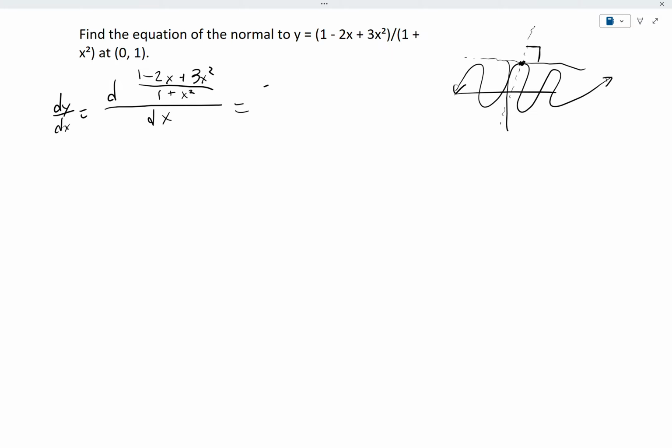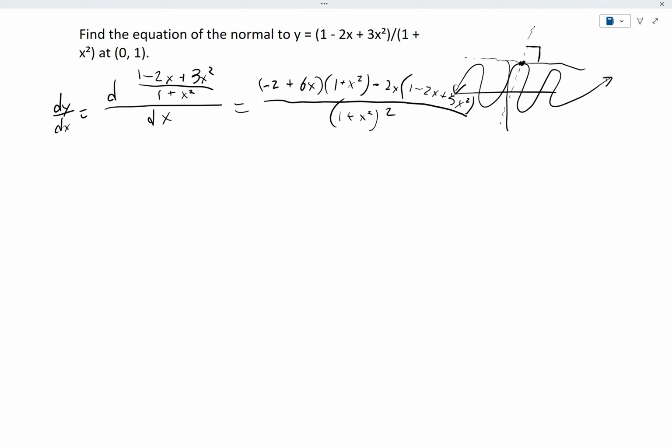Derivative of the top, that's going to be negative 2 plus, I'm using the power rule right now, 6x, times bottom, 1 plus x squared, minus derivative of the bottom, that's going to be 2x, times top. And here we go, 1 minus 2x plus 3x squared, all over bottom squared, (1 plus x squared) all squared.